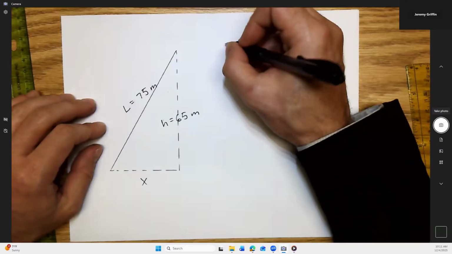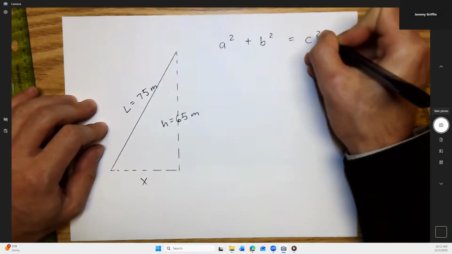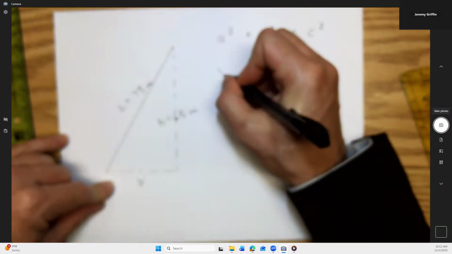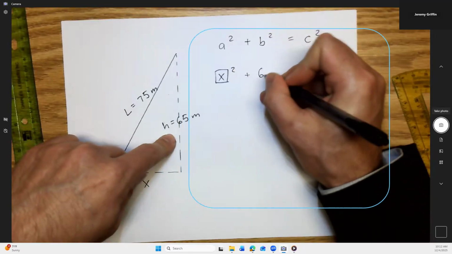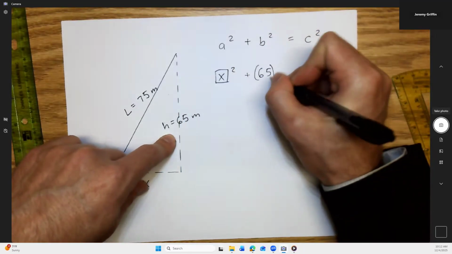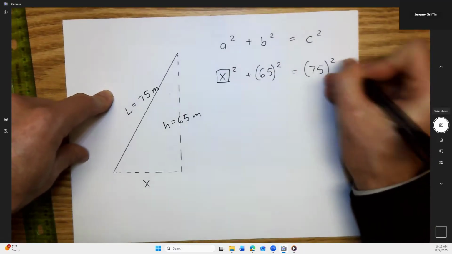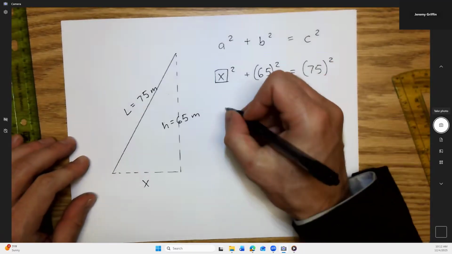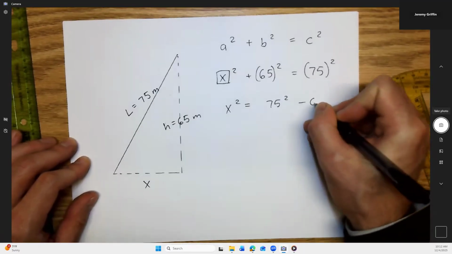This is the Pythagorean theorem. It's a squared plus b squared is c squared. In this case, maybe a is x, what we're solving for. The b is 65 meters, 65 squared. And the c is 75 meters, 75 squared. So that's your setup. You can subtract off 65 squared, so x squared is 75 squared minus 65 squared.